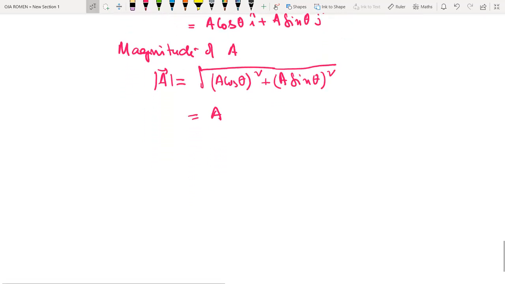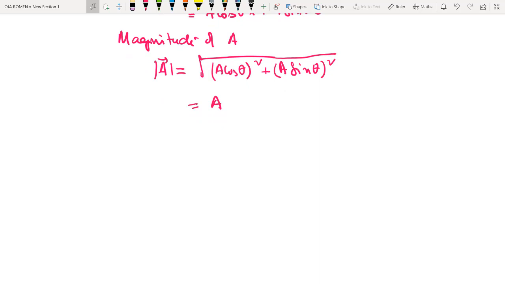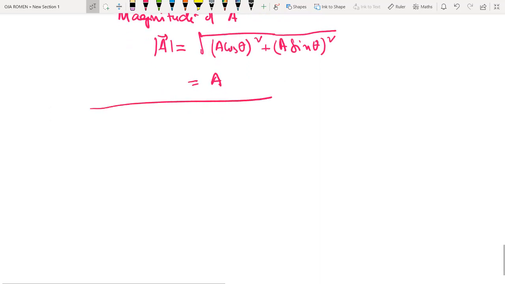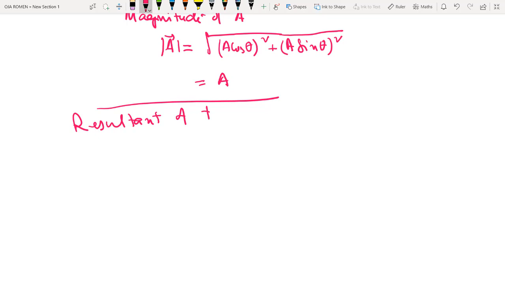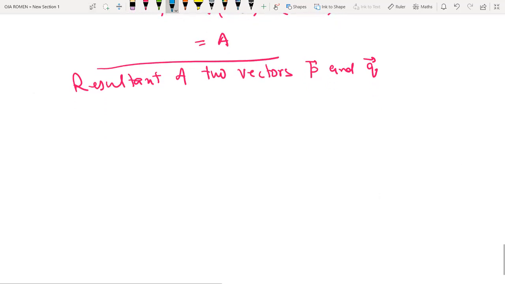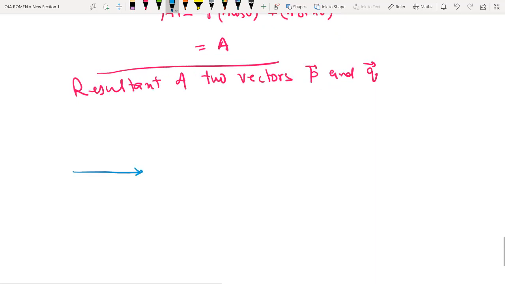Now the resultant of two vectors, P and Q. Now vector P is along this and vector Q is along this.